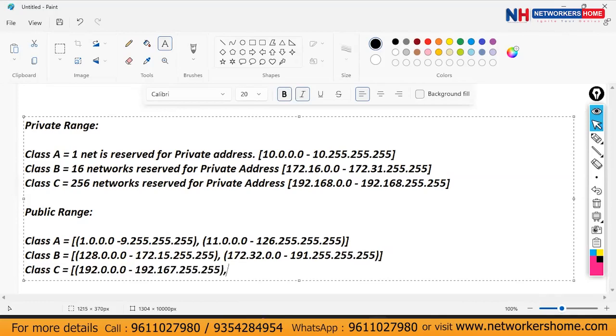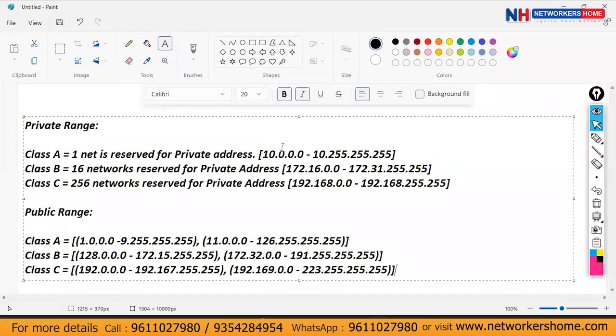Then 192.168.0.0 till 192.168.255.255 are reserved for private. Next will be 192.169.0.0 till the end, 223.255.255.255. This is your public range for class C.